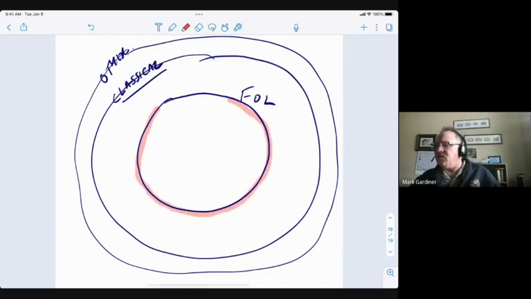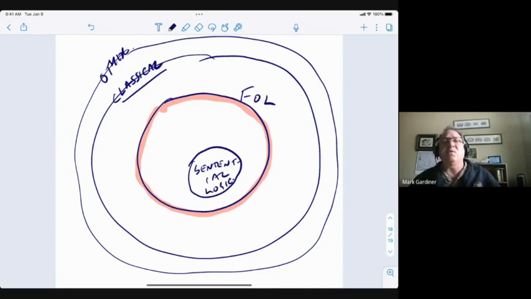But to make our lives even more simple, we're going to break down first order logic into two parts. The very smallest part, the core of it, is what we're going to call the sentential logic, or the logic of sentences. We're going to call it SL for short. We're going to see some real power to the sentential logic, but we're going to see some limitations as well.